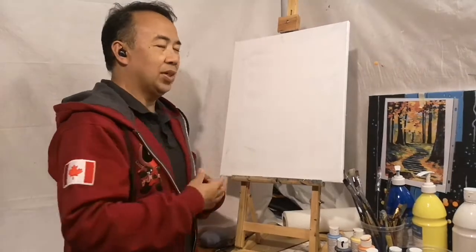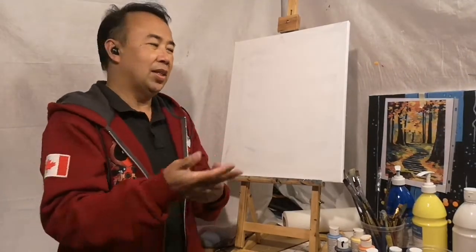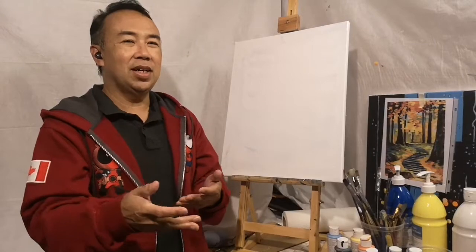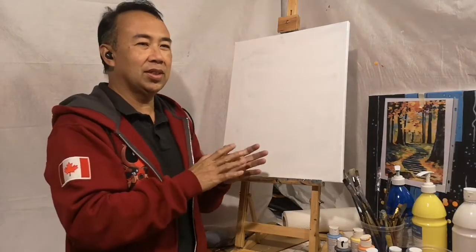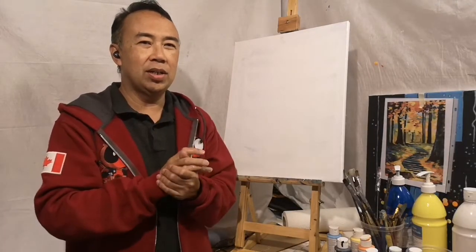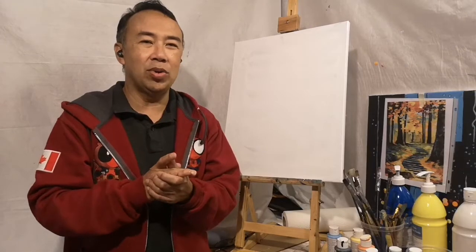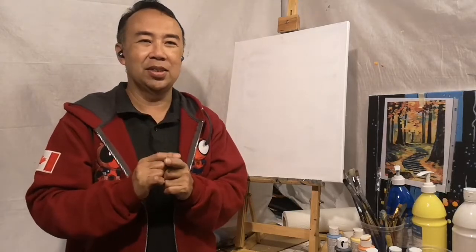I paint first and then you paint, I paint again and then you paint. I paint the sky and you just paint the sky. That's how easy it is. And after 1 hour, you're going to have your own autumn painting. Guaranteed, or I'll return your money. Oh wait, you didn't pay anything. This is free.